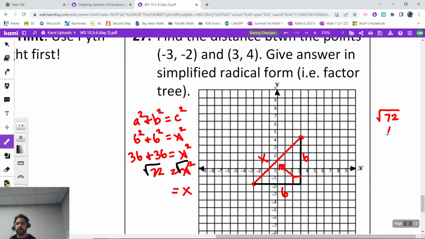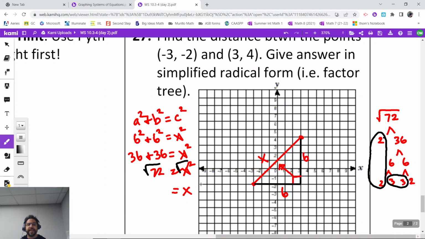We are looking for pairs. Now, we already knew that it was 36 plus 36, so it's 2 times 36. 36, we already knew was 6 times 6. Ooh, some of you might know what's going on. So looking for our pairs, we've got a pair of 3s and a pair of 2s.